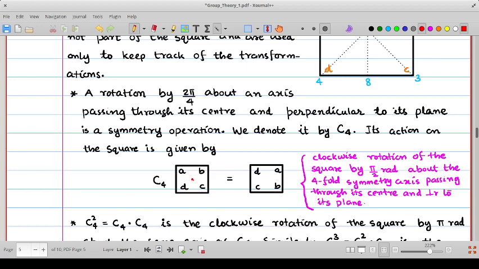If you rotate it by pi by 2 radians about this axis, we see that this vertex A goes to this position and this vertex B goes to this position.